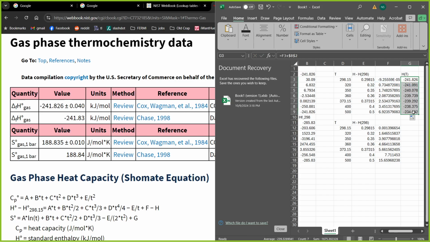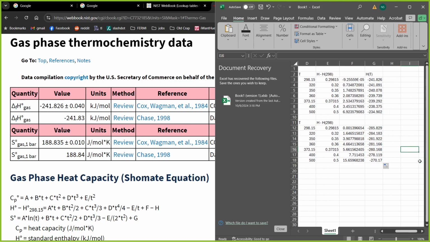So these are our new enthalpies of formation for the gas. And we'll do it over here. This is B12, B11 plus F12. Right, so now I have enthalpies of formation at every temperature.